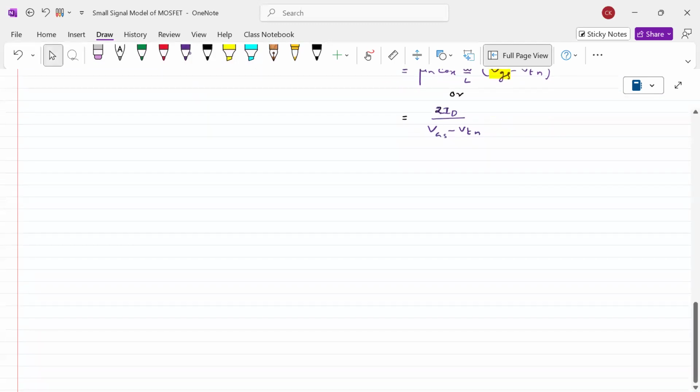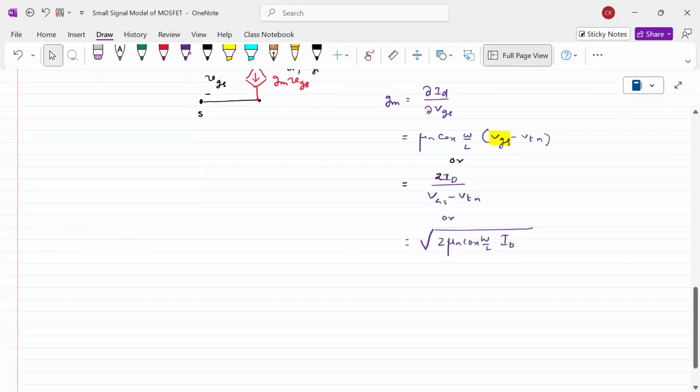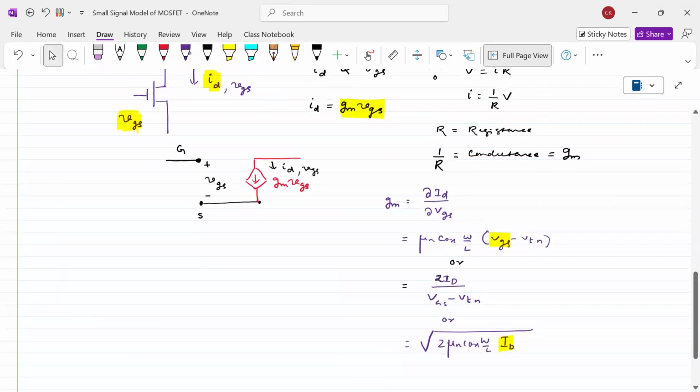Or otherwise, we have another possibility: square root of 2 mu n Cox W by L into ID. So if you want to calculate gm, it depends completely upon the device dimensions, as well as the quiescent voltage or quiescent parameters. Quiescent voltage means the large values of that. Hopefully you caught this point.